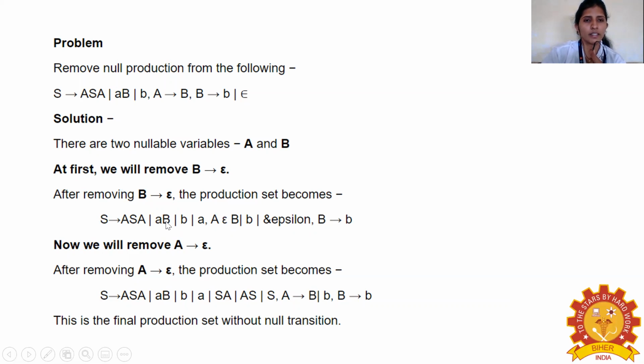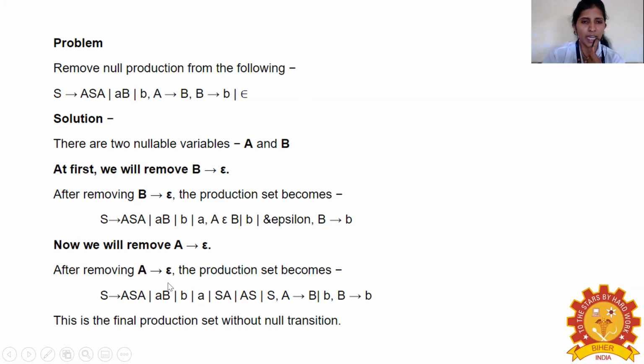Because this production rule becomes null, we specify only A here: A to epsilon or B, and B to epsilon or B. Now we remove A to epsilon.